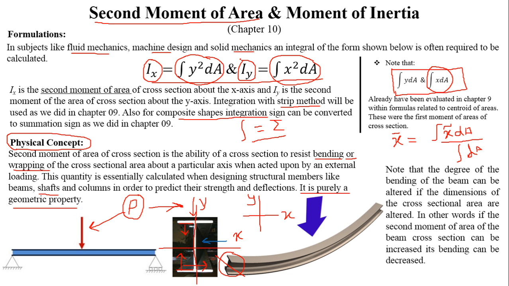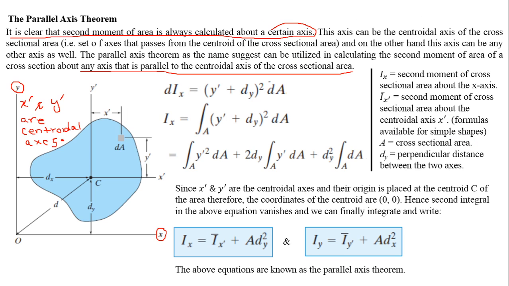So according to the formula of second moment of area, that is integral y square dA or integral x square dA, if we define a very small differential element dA, and we say that its centroid lies at y dash and x dash, measured from the centroid C of this area, and we are interested in finding out the second moment of area of this entire cross section about the x-axis.